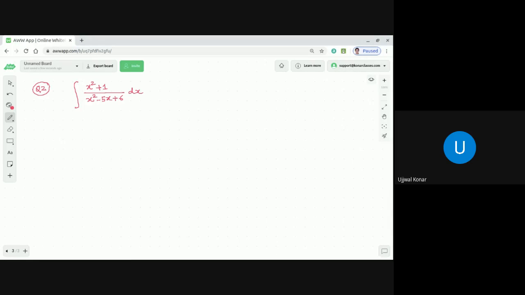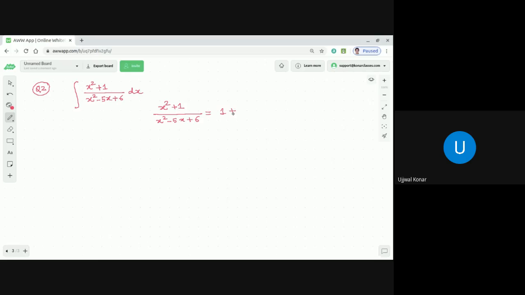So I should not spend time on division, I can just directly write the result. If we divide x square plus 1 by x square minus 5x plus 6, because this is not a class of very basic algebra, I should not spend time in dividing.